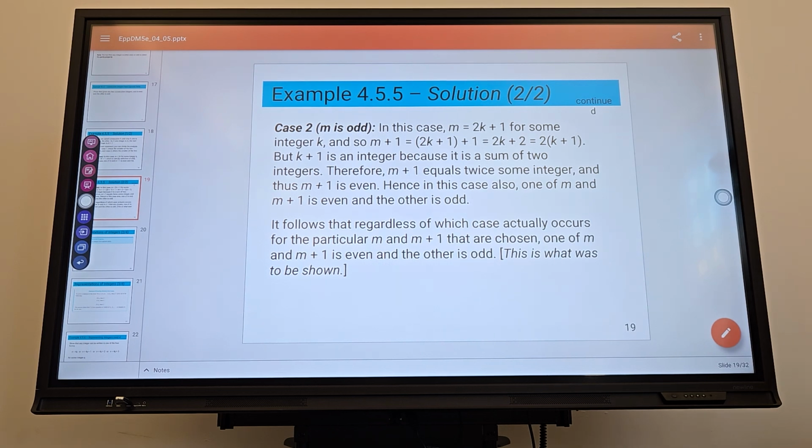But k plus 1 is an integer because it is the sum of two integers. Therefore, m plus 1 equals twice some integer, and thus m plus 1 is even. So the other case is shown to be true, that one of m and m plus 1 is even and the other is odd.